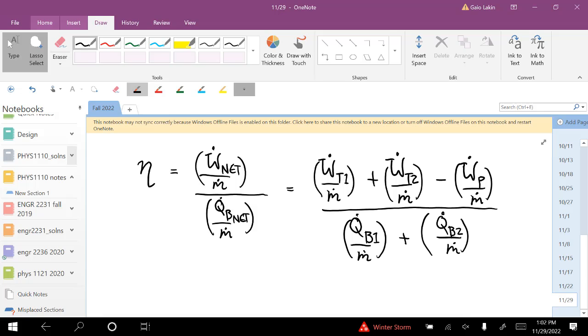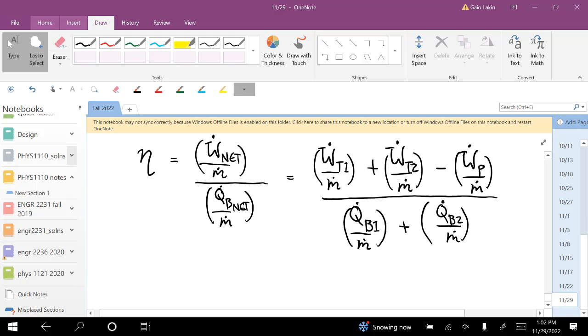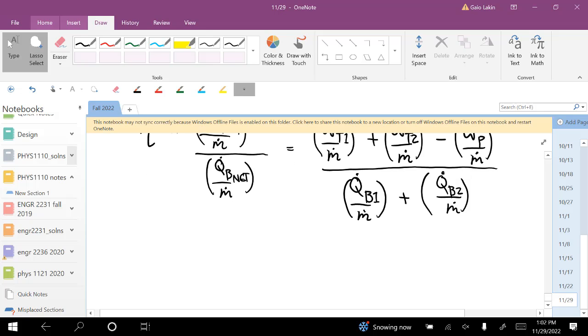So we just have to come up with enthalpy expressions for all of these things. So turbine 1. This W dot over m dot, that is the process from 1A to 2A.